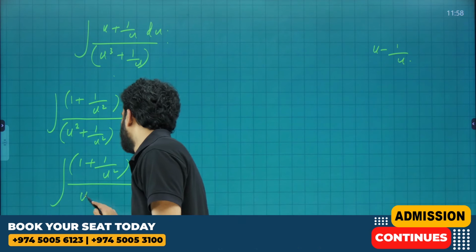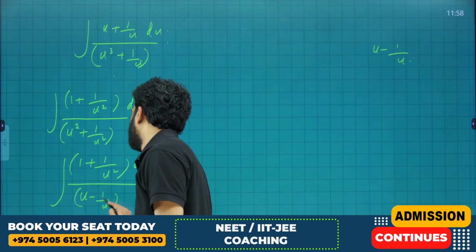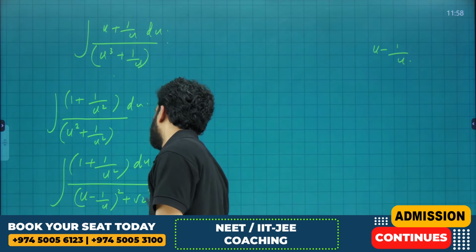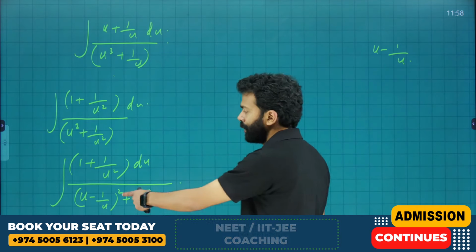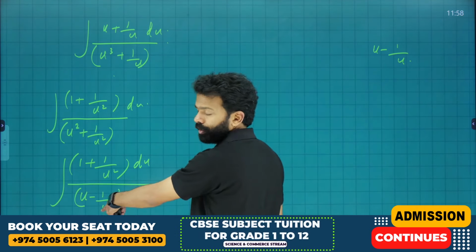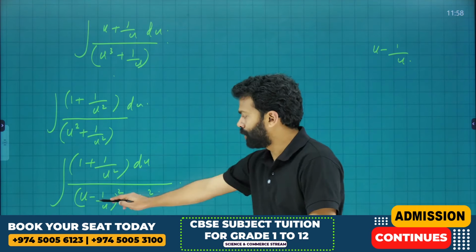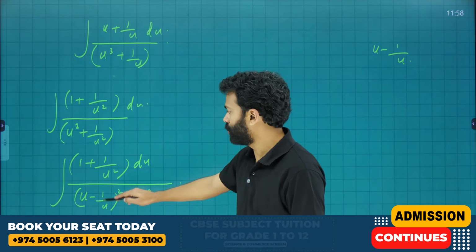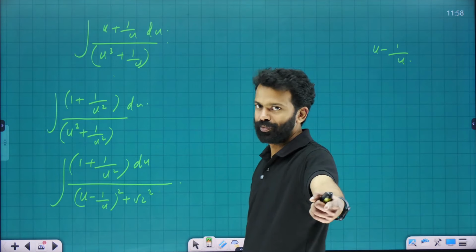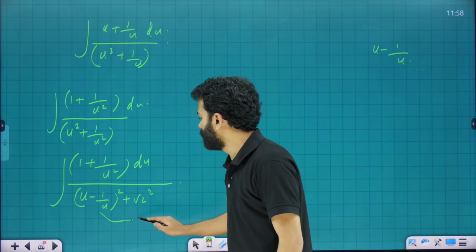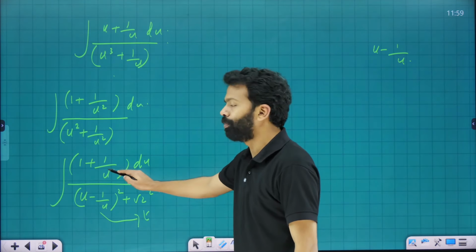That is (u minus 1 by u) the whole square plus root 2 square, right? What is (u minus 1 by u) the whole square? There will be a plus 2 there, that will be balanced, minus 2 there, that will be balanced here. So the derivative of this one is here, further substitution. Therefore, put this equal to t, and its derivative will be here.